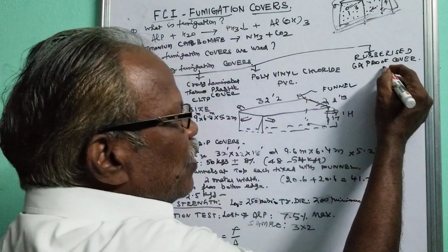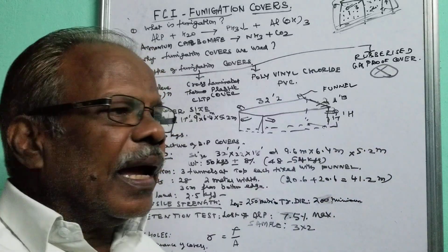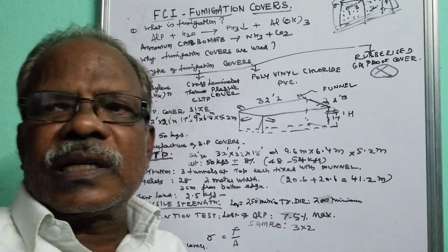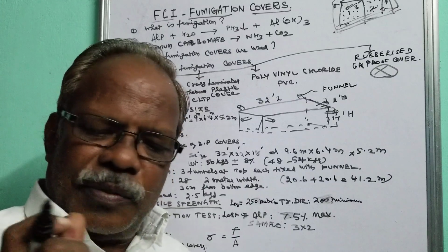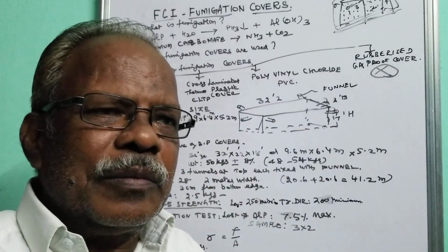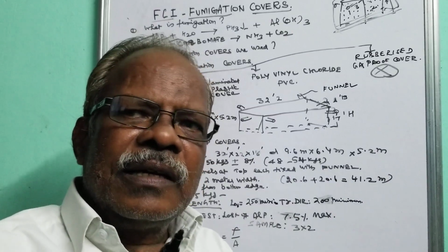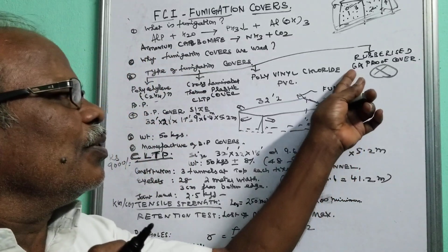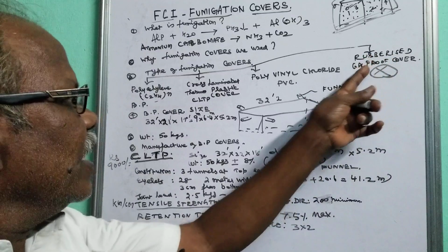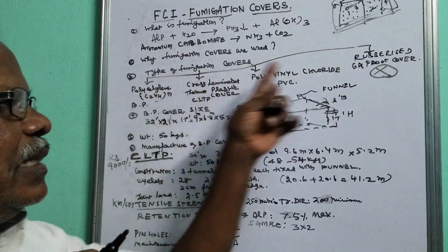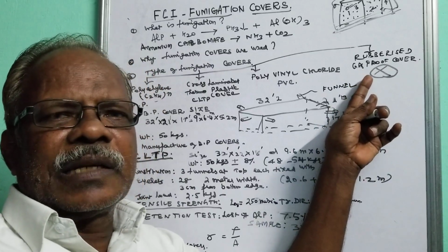This rubberized gas proof cover is not used now because it is very heavy and somewhat difficult to handle, and moreover, whenever we pull the cover near a nail, a wound will be caused. So it has its own disadvantage. And after the introduction of the polyethylene cover, the rubberized cover has been taken away from the fumigation purview.